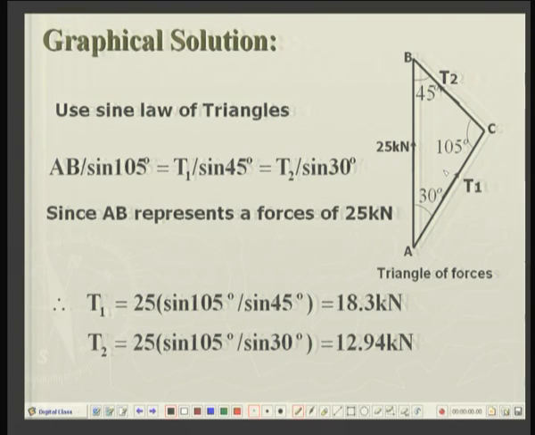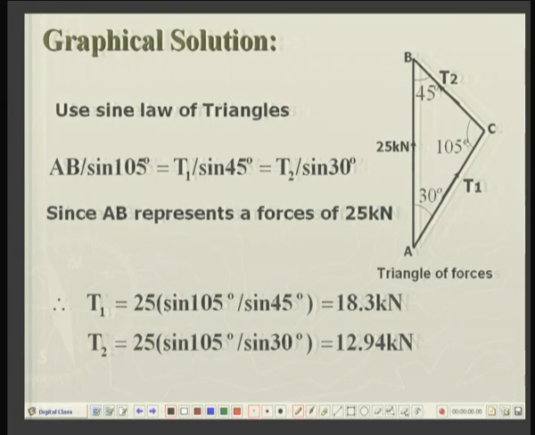This is a 5 centimeter vertical line, and from A we draw a line parallel to T1, and from B a line parallel to T2. Wherever they intersect is the point C, the apex of this triangle, and you can easily see this angle at C will be equal to 105 degrees.